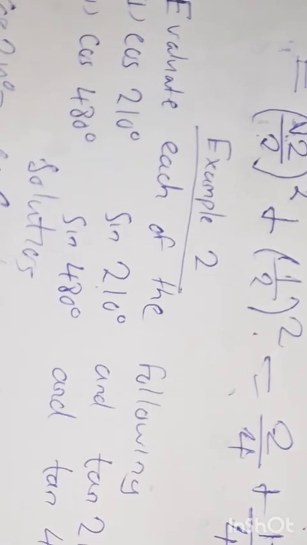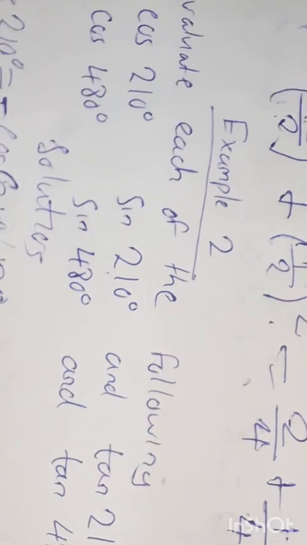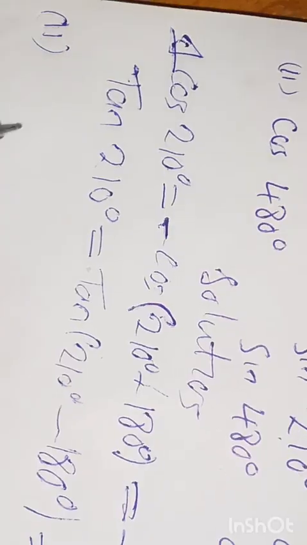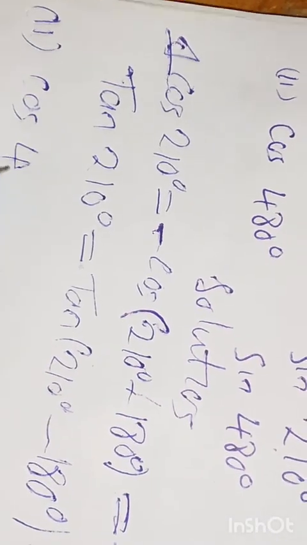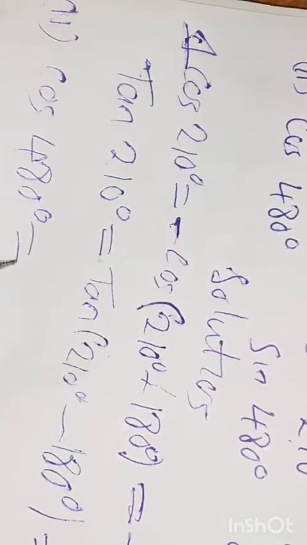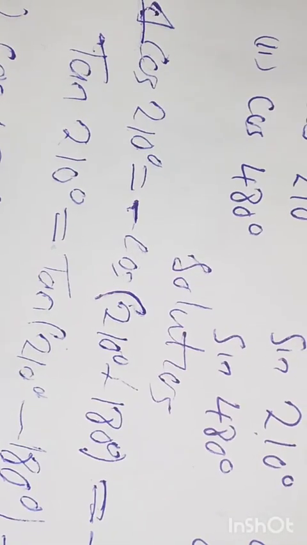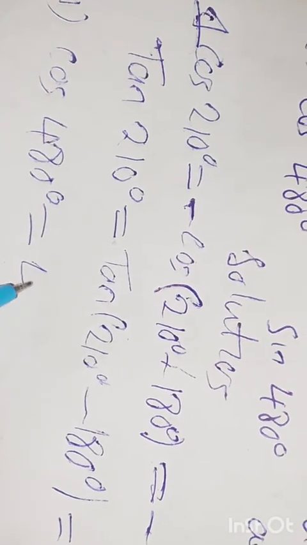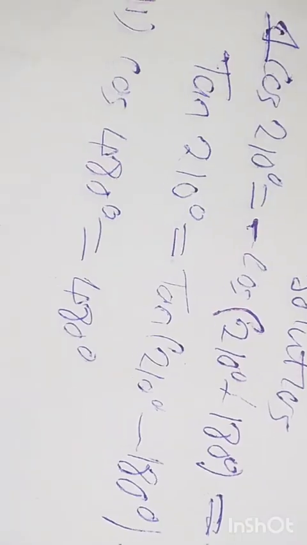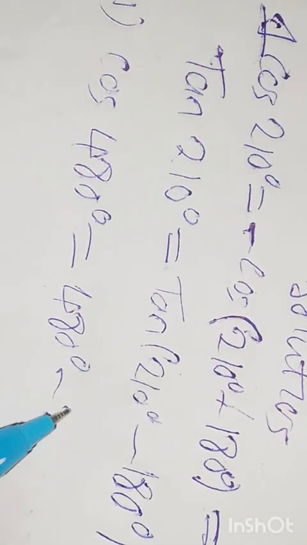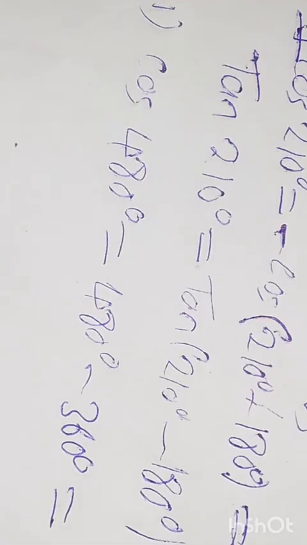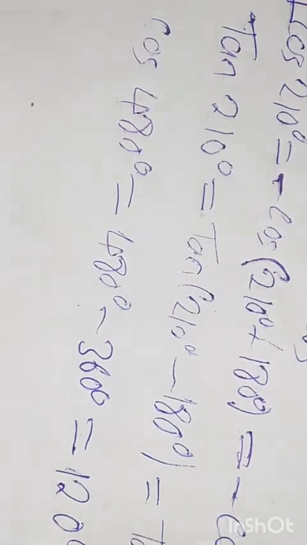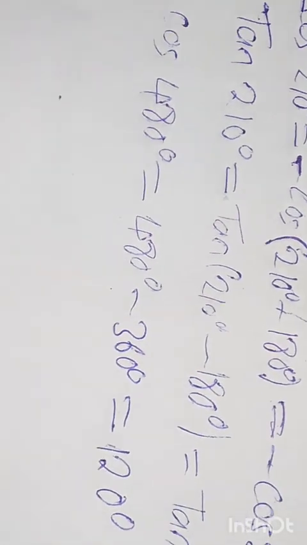At 480 degrees, since the angle has surpassed the fourth quadrant, we'll do minus 360 degrees. 480 minus 360 gives us 120 degrees, which means we are in the second quadrant.